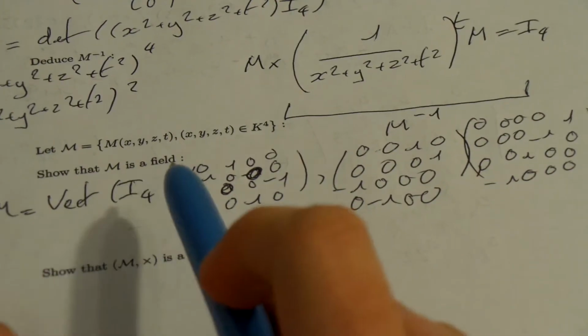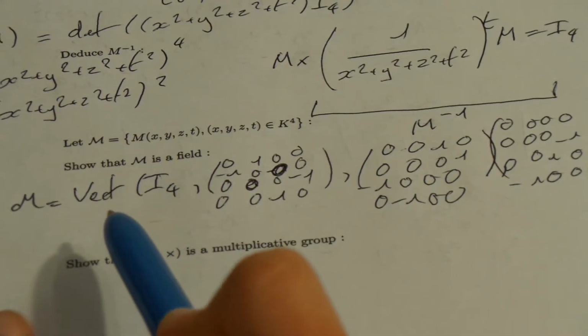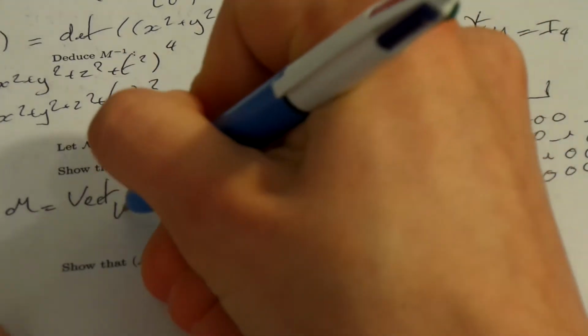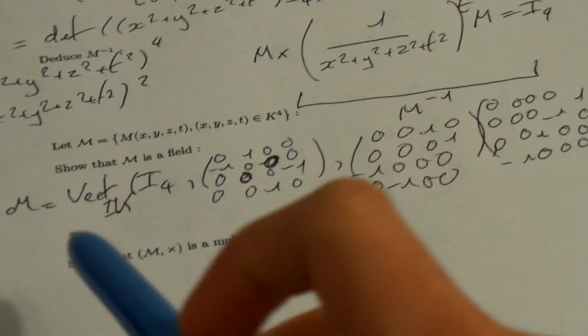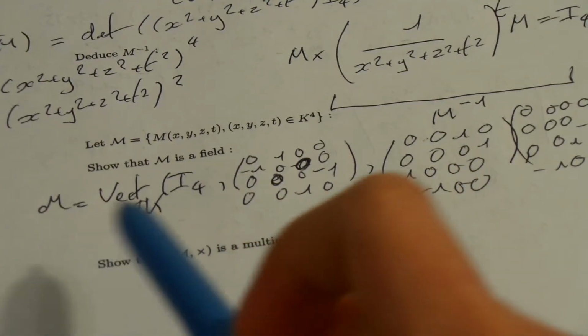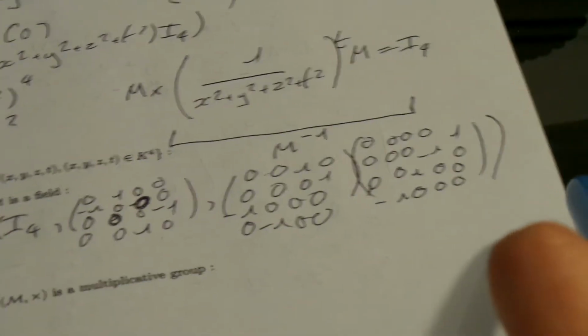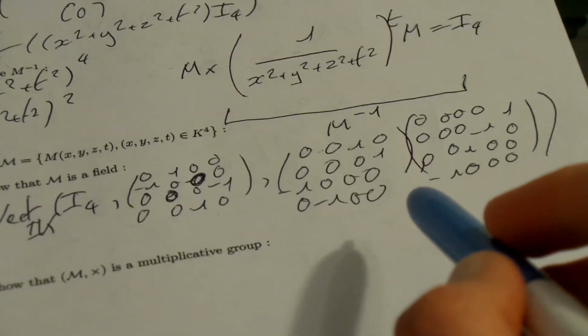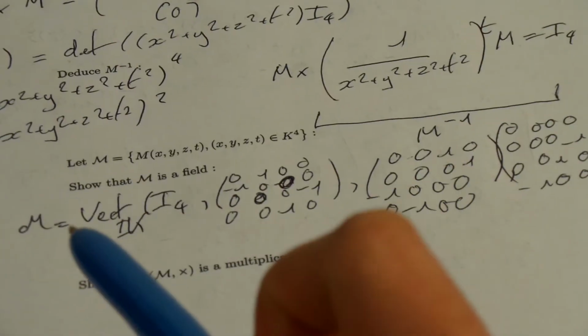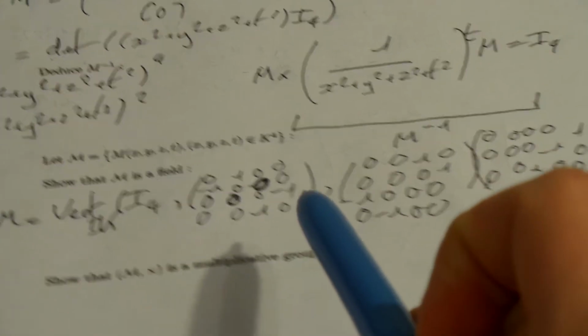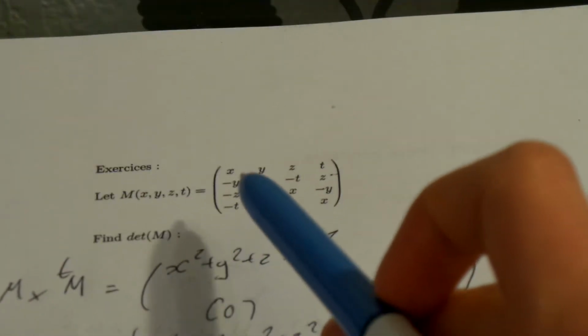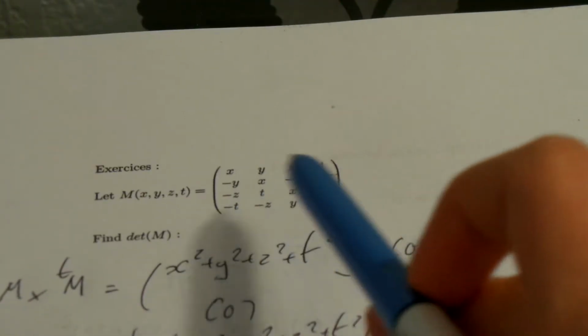There, so that is already a good step forward towards showing that M is a field. That means that M is a vector space, a k-vector space. So that already allows us to show that M is stable by the sum. To show that M is stable by multiplication, we could just take two big matrices with x, y, z, t, and x prime, y prime, z prime, and t prime, but that would take a lot of time.